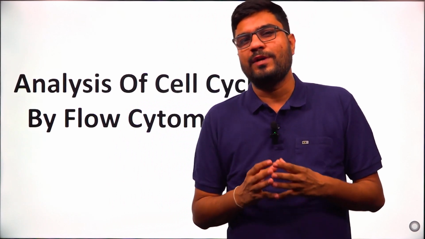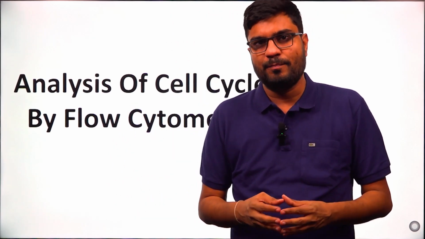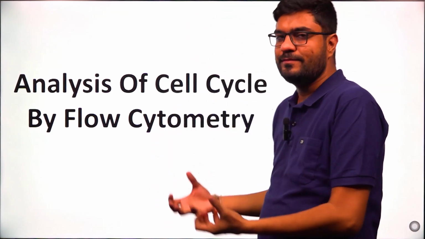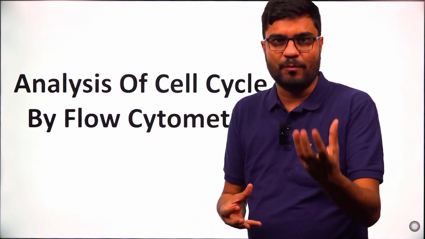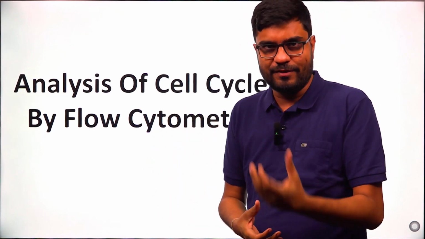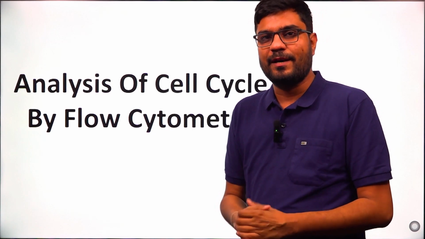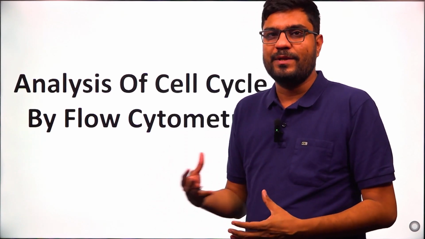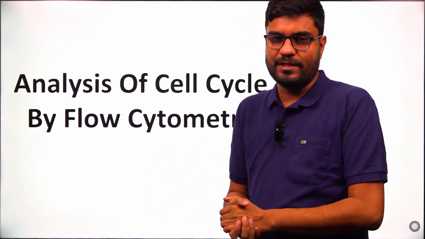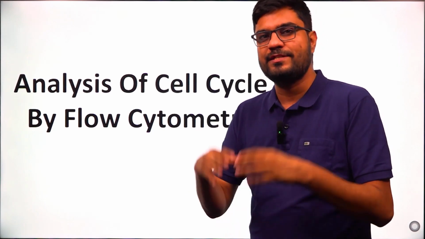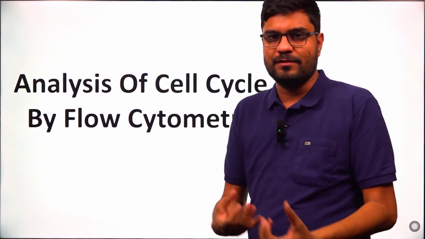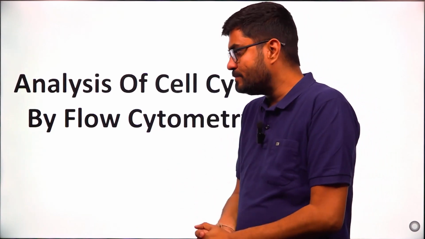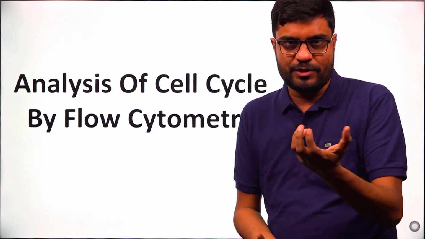Today I am going to explain mainly the propidium iodide method by which we can identify how many cells in a given population are present in G1 phase, how many cells are present in S phase, and how many cells are present in G2 phase, and how we can utilize different situations to understand the effects of different drugs on cell cycle of a particular cellular population.